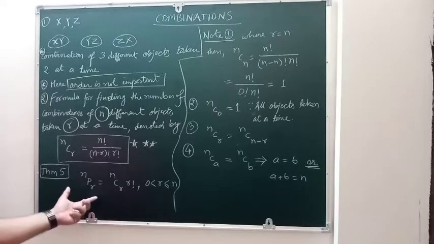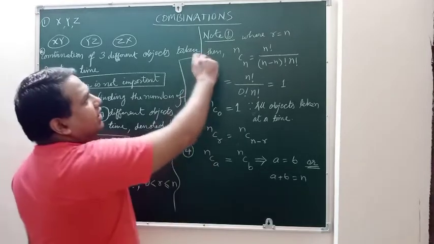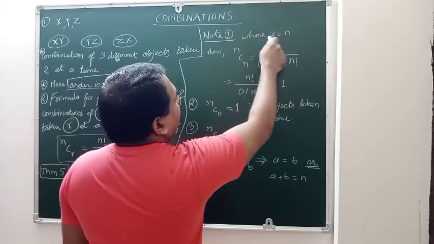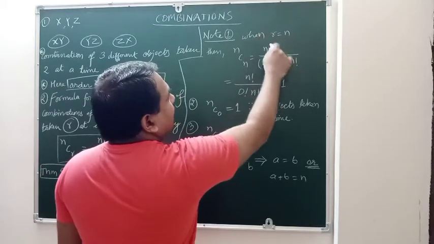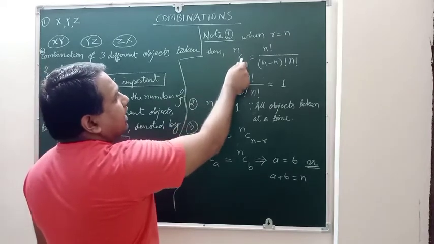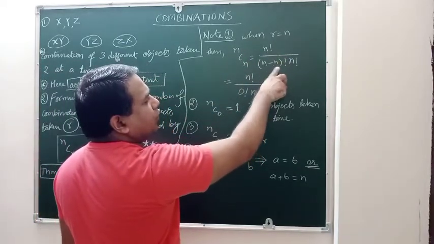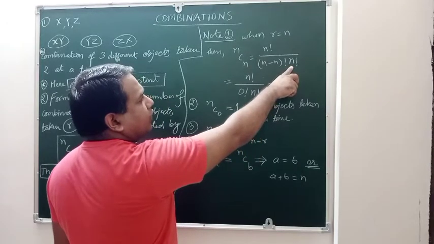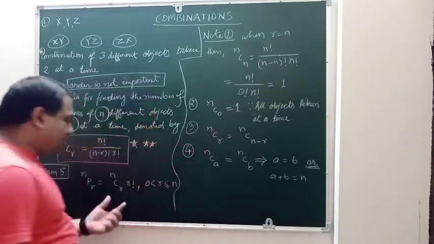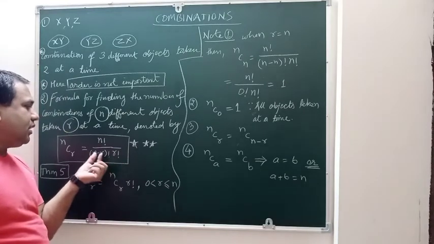After this theorem we have some remarks. When r is equal to n, we have nCn, that is factorial n divided by factorial n minus n into factorial n. As per the formula we have written, we replaced r by n.